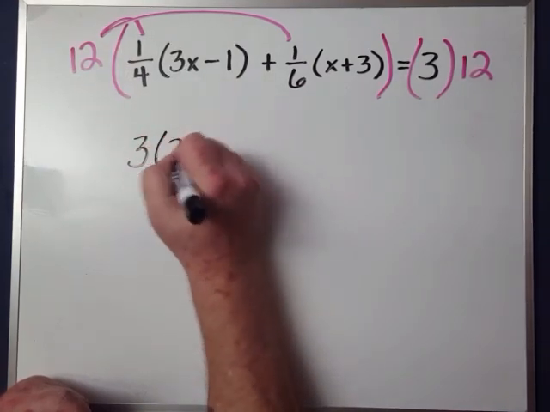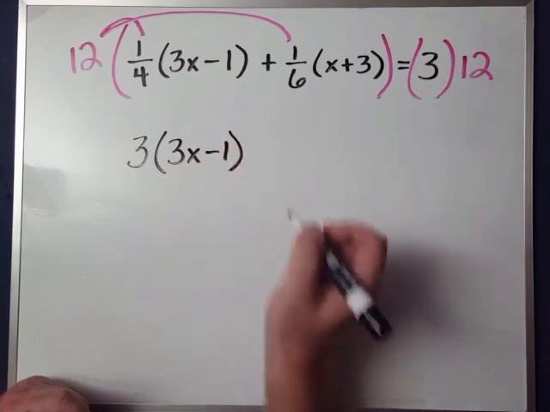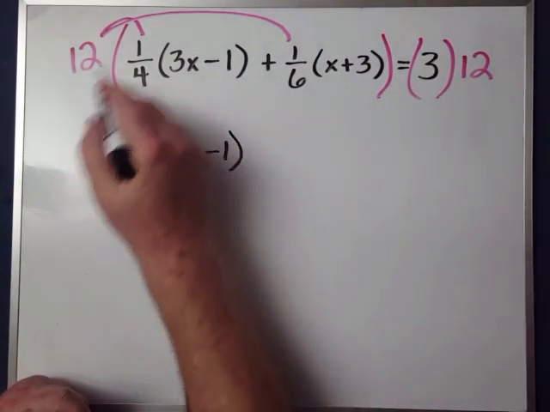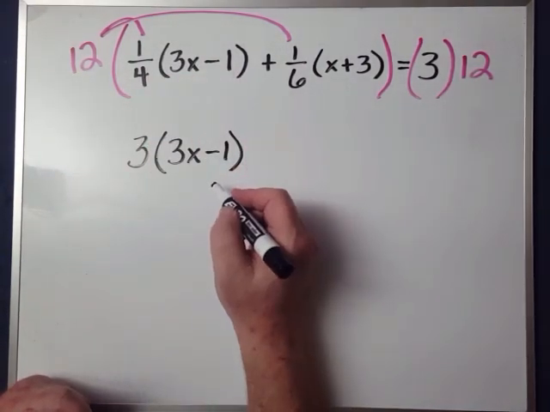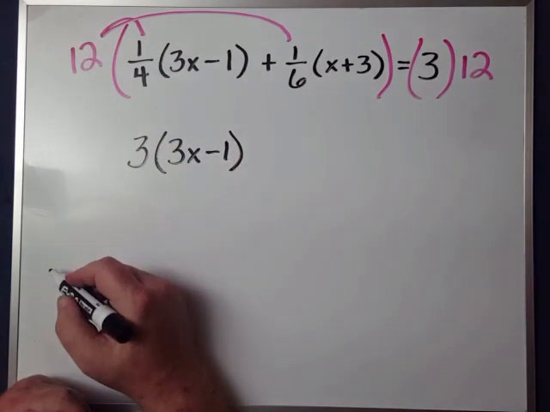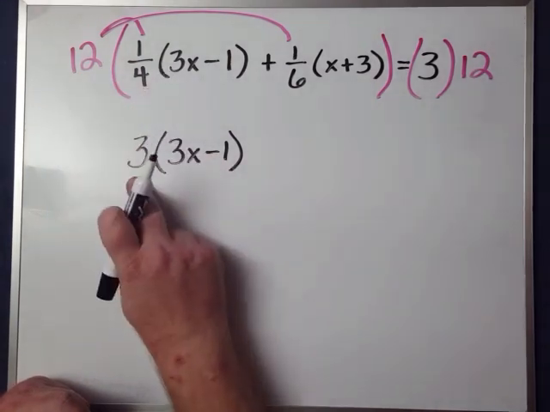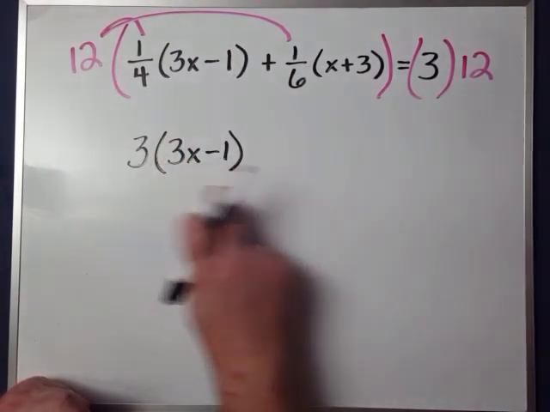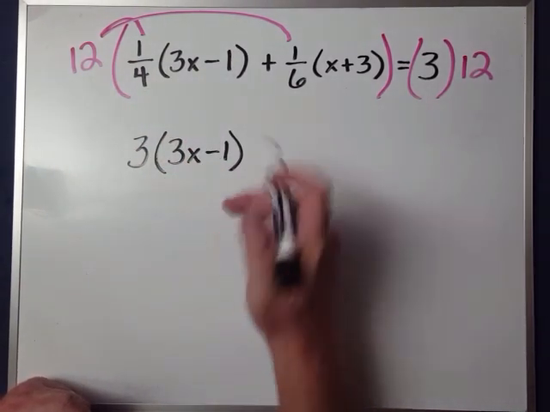And 3 times that is what we're left with. The 12 does not make its way into the black parentheses. It is completely absorbed by that 1/4. 12 times a quarter is 3, times the rest we'll deal with in a minute.